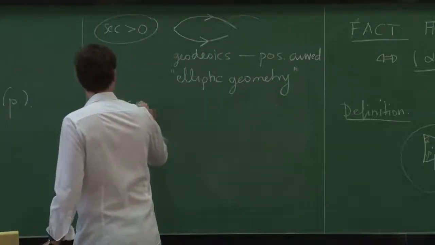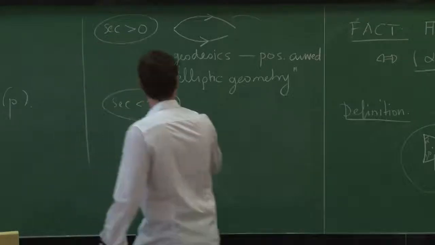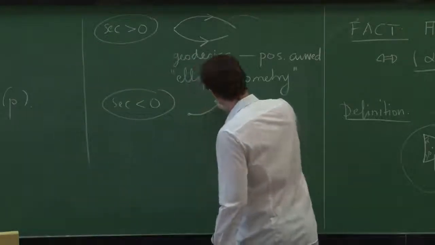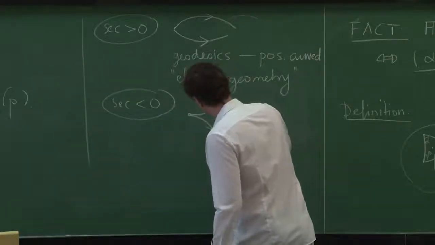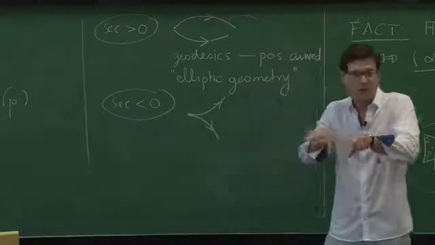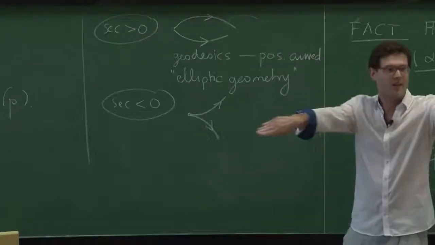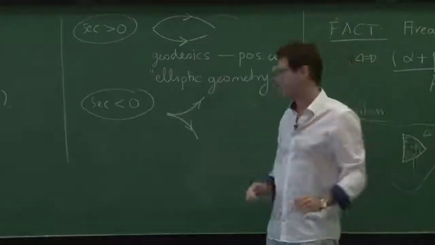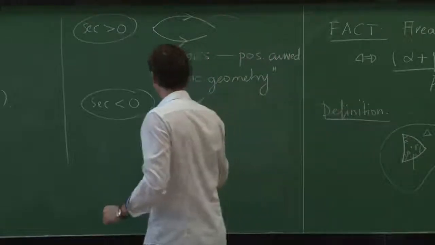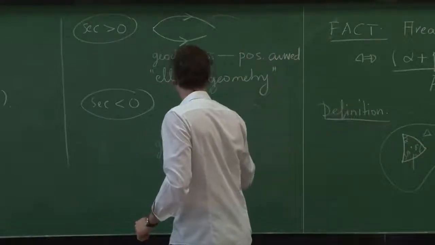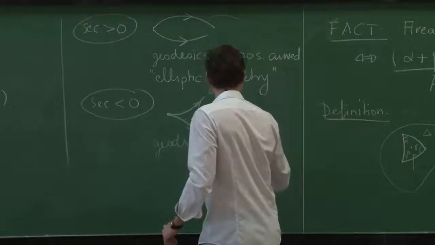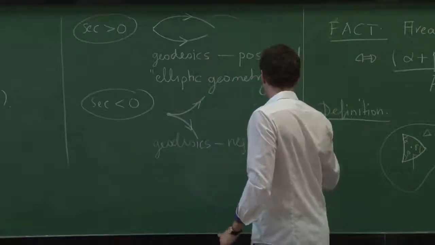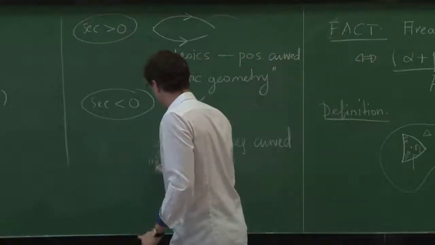Now, what happens if the sectional curvature is negative? Then the geodesics tend to look like this. If you start at a point and you look at the geodesics, they get faster away from each other. And so geodesics are negatively curved. So this is the hyperbolic geometry.